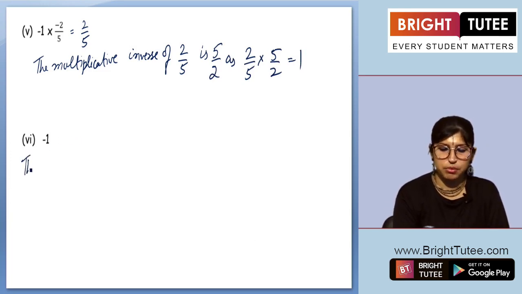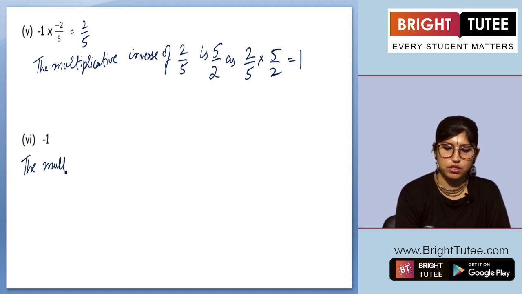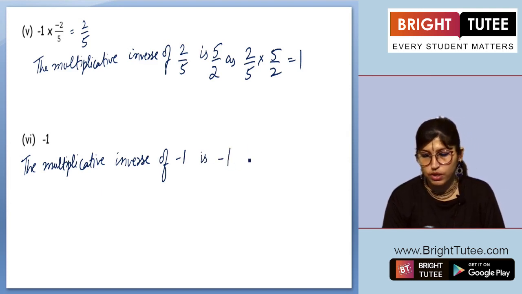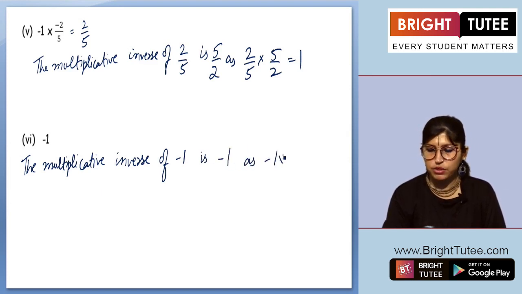So the multiplicative inverse of minus 1 is minus 1 only, as minus 1 times minus 1 equals 1.